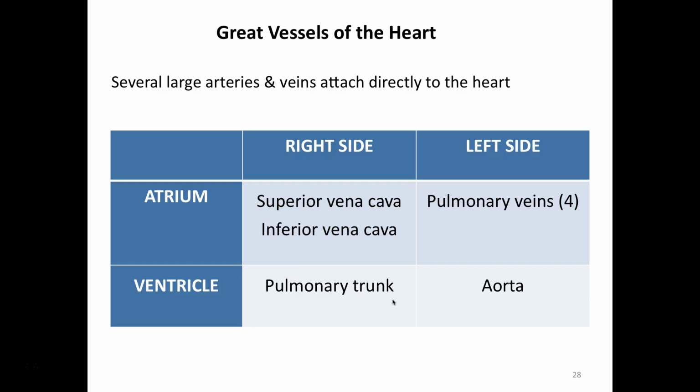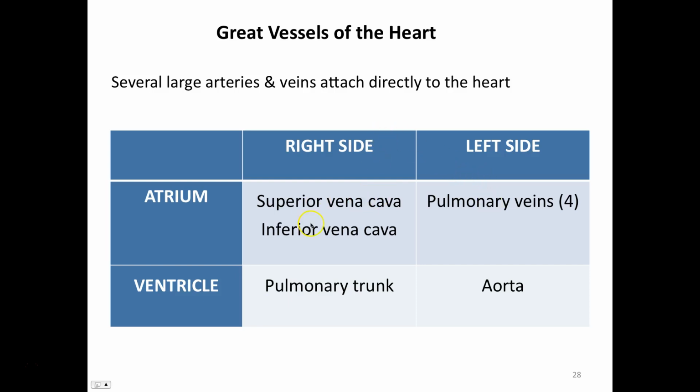So those large vessels entering into the atria include, on the right side, the superior vena cava and the inferior vena cava. So we can see those listed here. On the left side, the left atrium receives 4 pulmonary veins. So those 4 pulmonary veins return oxygenated blood from the lungs into the left side of the heart.